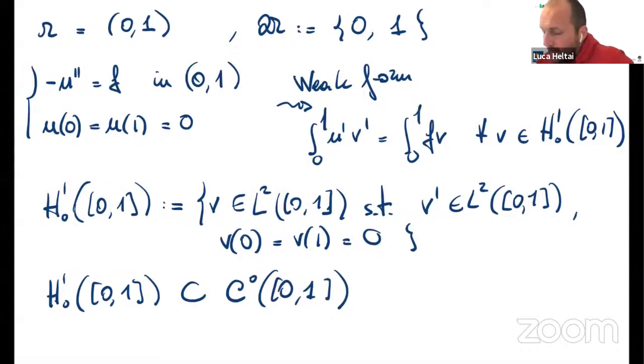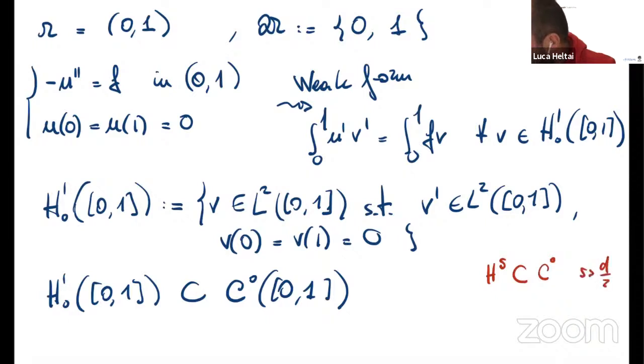In particular, if you have a Sobolev space HS, where S is a positive number, this is going to be included in C0 whenever S is strictly greater than D over 2. So in this particular case, this is a reminder: HS is included in C0 for S strictly greater than D over 2.